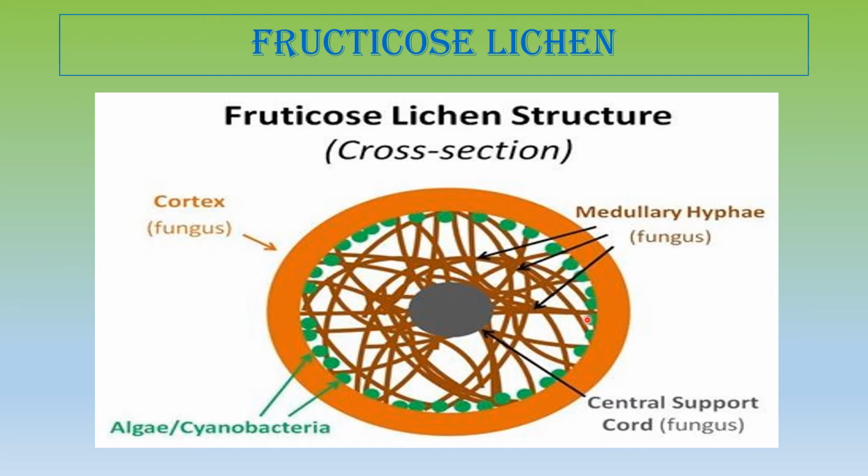Next to the algal layer is the medullary layer. This medulla has loosely intermingled fungal hyphae, and the innermost layer at the center is either very dense or hollow, depending upon the type of species.